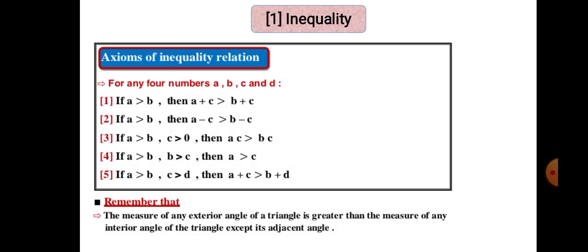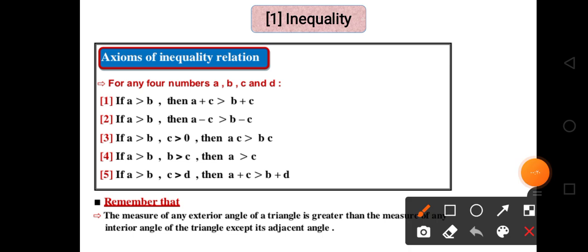Today we will study the inequality for any four numbers A, B, C, and D. Number 1. If A greater than B, then A plus C greater than B plus C. How? For example, 5 greater than 4, right?